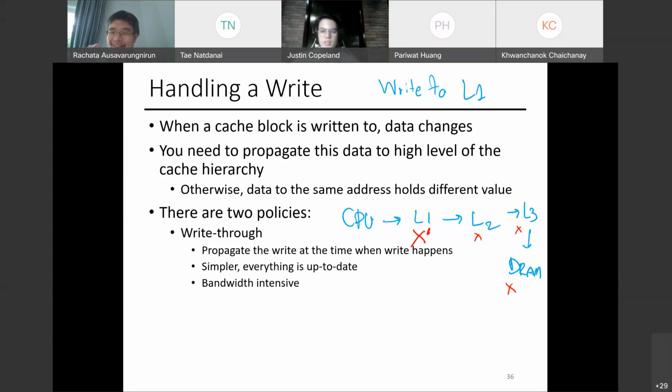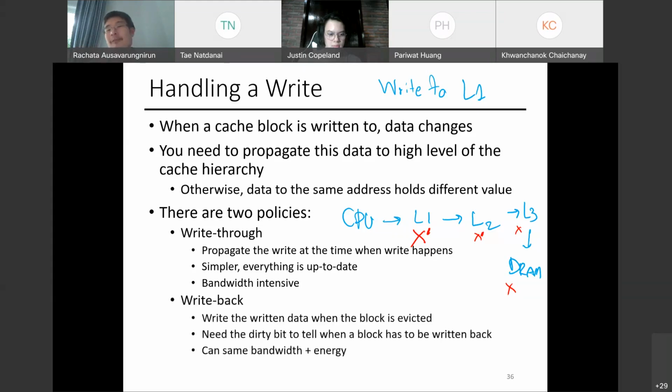The only case I'm gonna need to make sure I have X prime in L2 is whenever X prime in L1 gets kicked out, right? When X prime disappears, gets replaced in the L1, I'm gonna make sure I write that into L2. Then when do I know that I have to write to L3? Same thing again, right? When X prime in L2 gets replaced into L3, and so on and so forth.